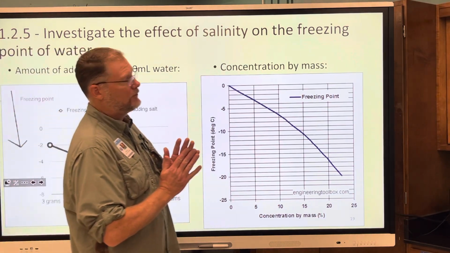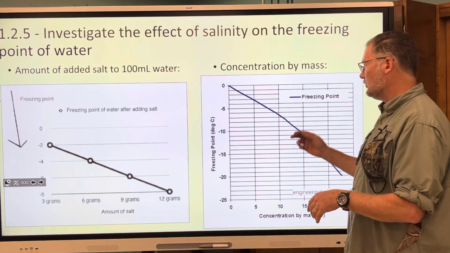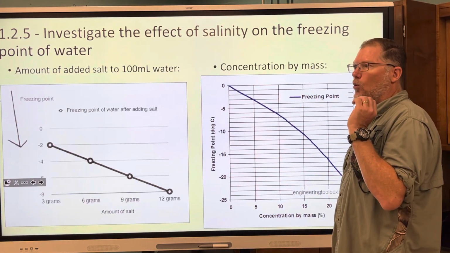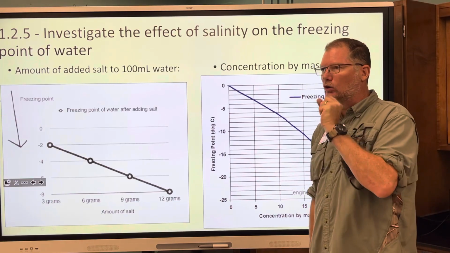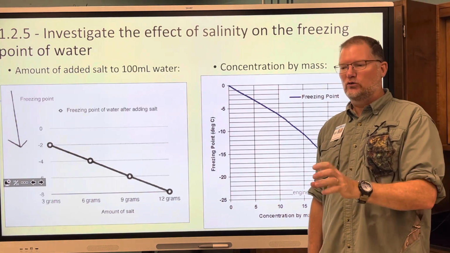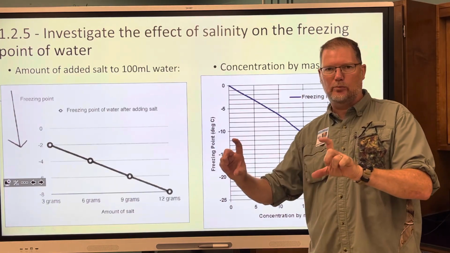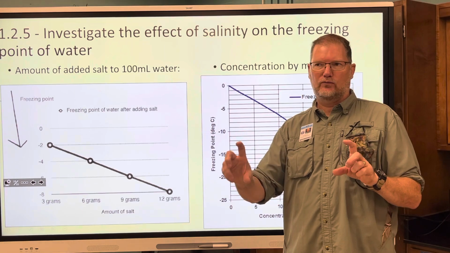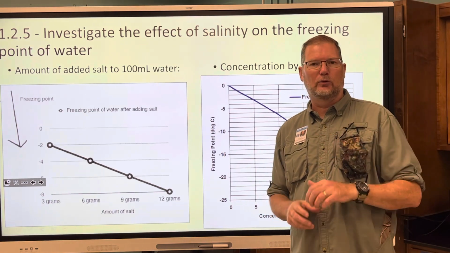It gets sad. The freezing point goes down. So the saltier, the more energy you have to pull to freeze water, okay? I've had a cup of salt water and a cup of fresh water, and I put them both in the freezer, and I came back in an hour or two, the fresh water would be frozen or starting to freeze, and the salt water would still be liquid.